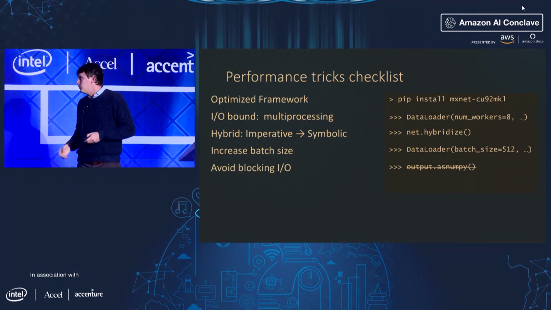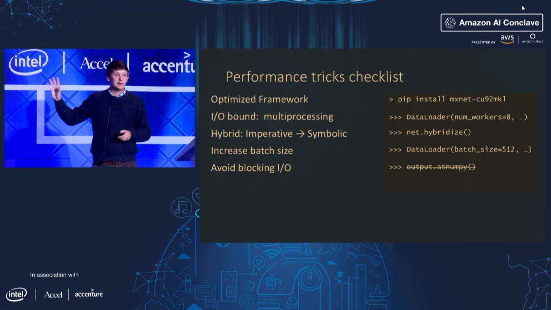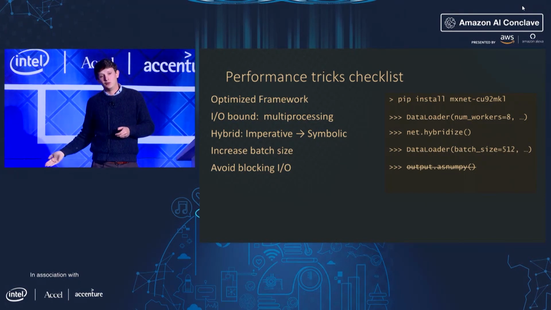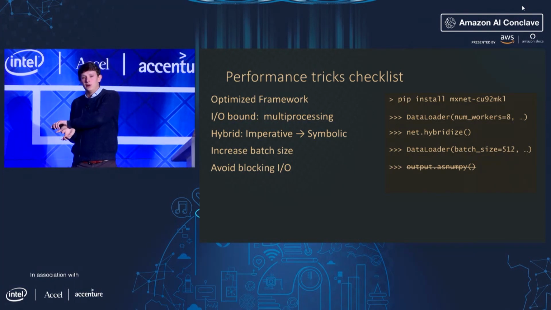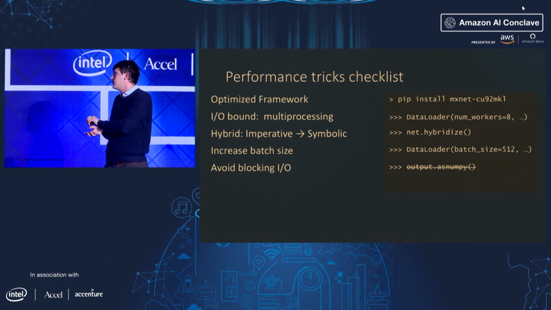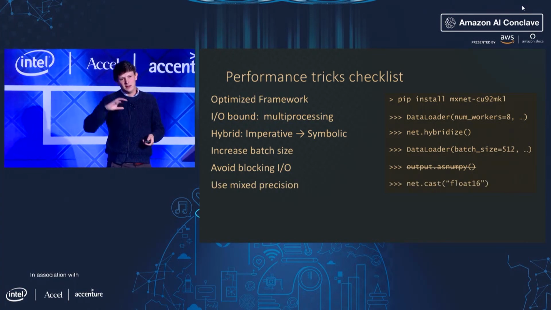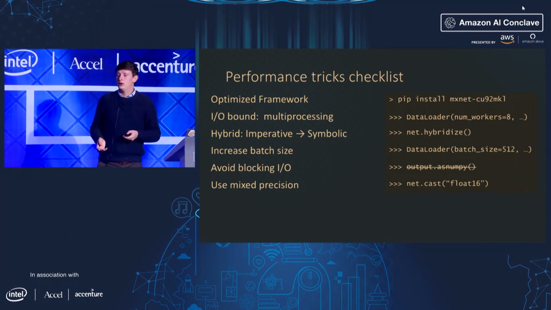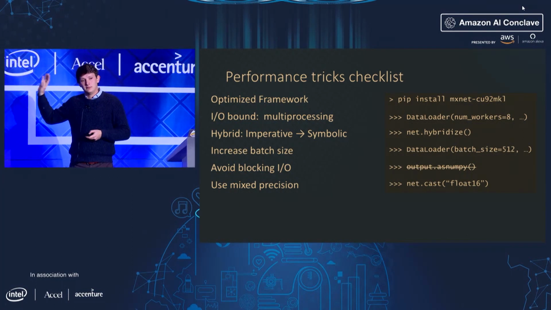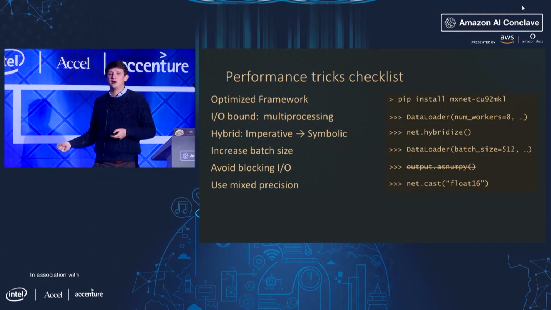To avoid blocking I/O, well, I won't go into details, but one thing you need to avoid is to have synchronous calls in your training to make sure that as much as possible is done in the MXNet asynchronous threaded engine. And for mixed precision, you might think it's a complex thing to do. Well, you just cast your network to float 16, and that's it. And then suddenly you start training on float 16.